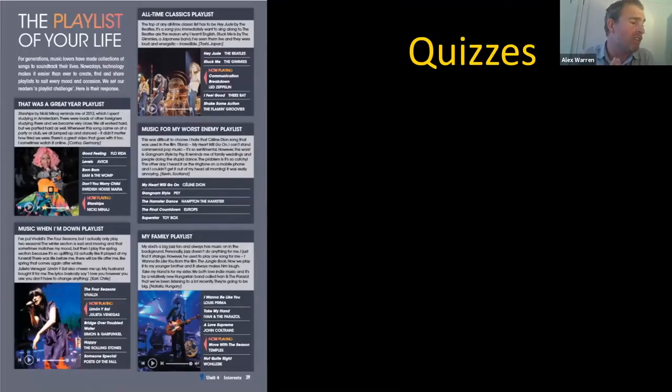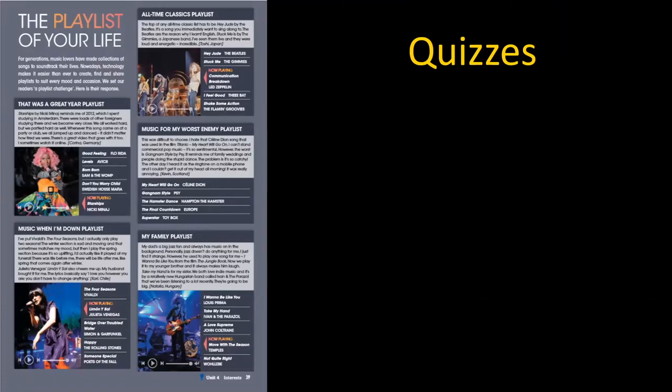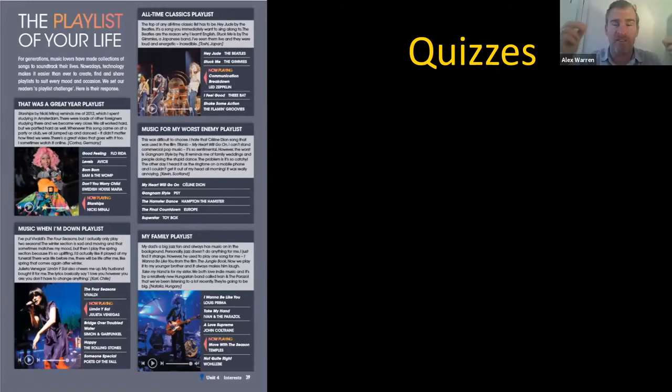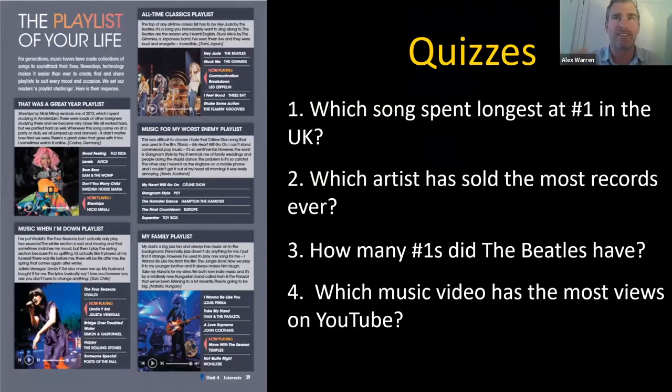Quizzes, I apologize, I'm running out of time. Quizzes are a great way of involving learners right from the start. Now, it might be a quiz about the topic. So you've got here a lesson about music, so you could make up a quiz. And you can do this in different ways. You can do it like this, where students actually then have to go and find the answers online as quick as they can. So it's like an online treasure hunt.